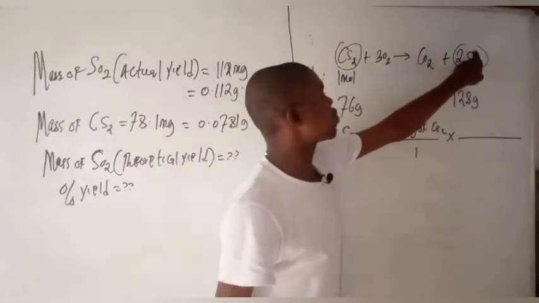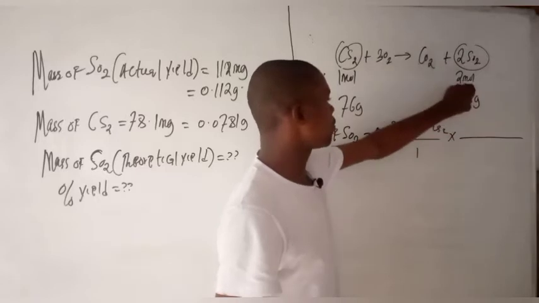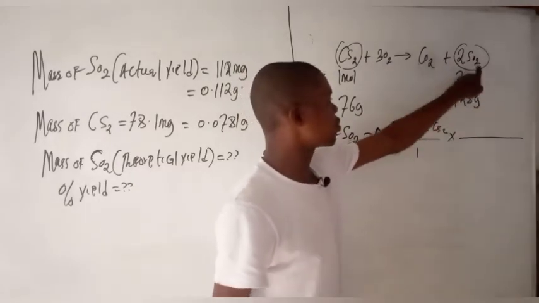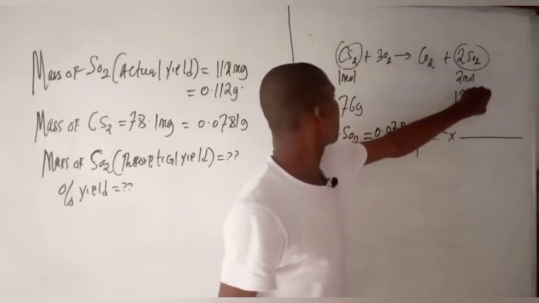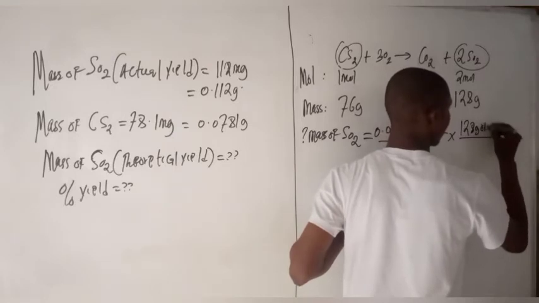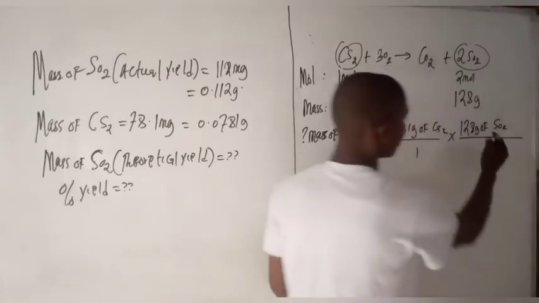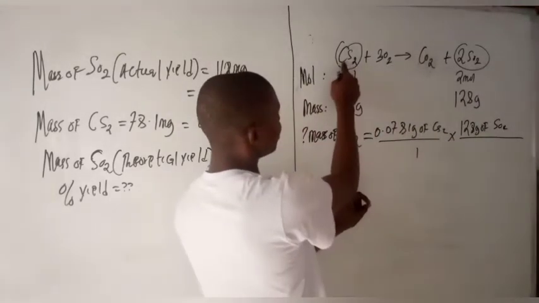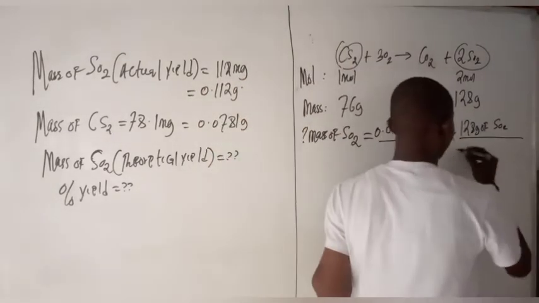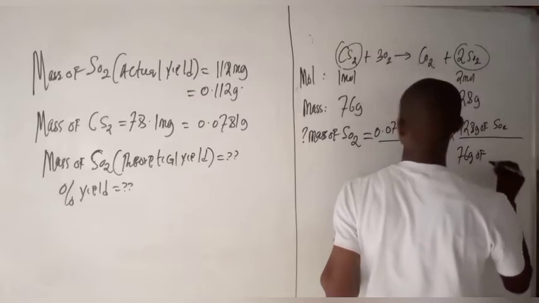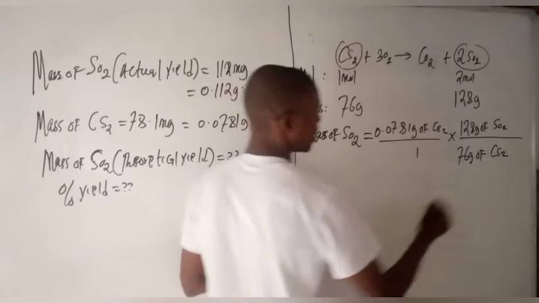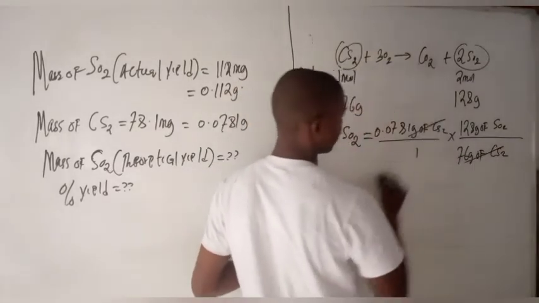Now the mass of this one I'm actually calculating, so it comes to the top: 128 grams of SO2. For the balanced mass here we have 128 grams of SO2, which goes to the top. While for CS2, carbon disulfide, you go to the bottom: 76 grams of CS2. Now this one cancels out this one here.